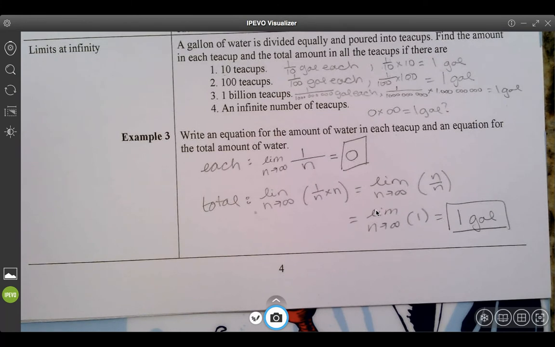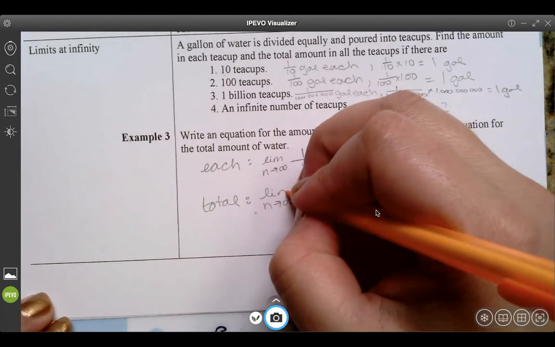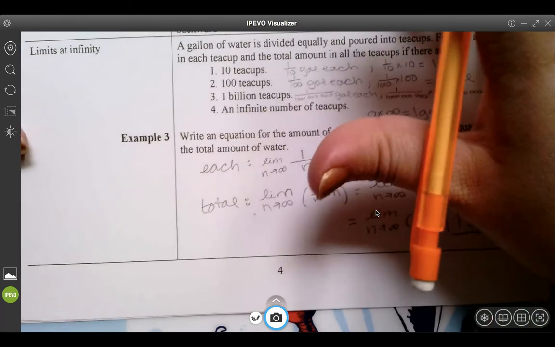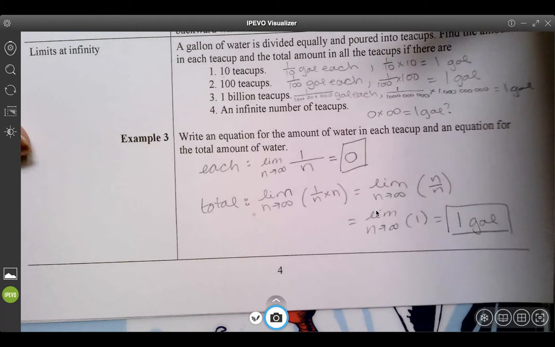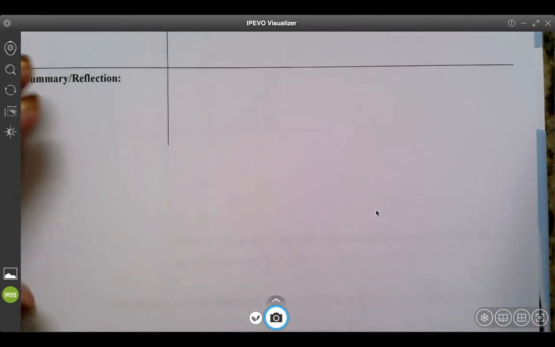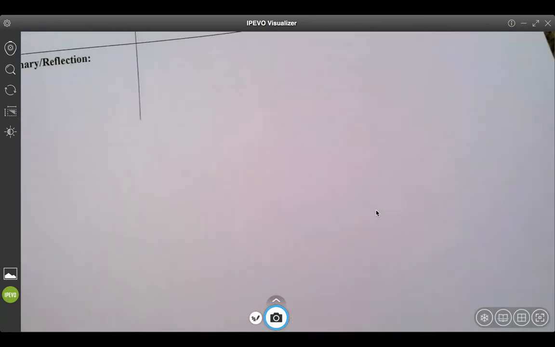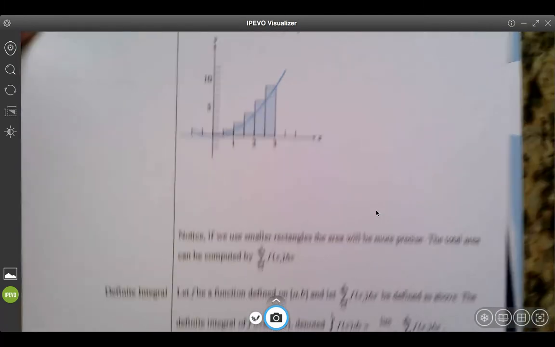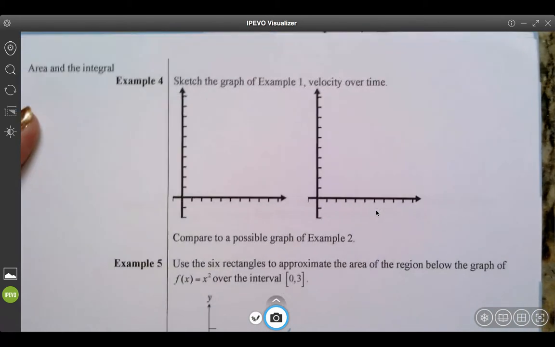Okay, so this is how we can use limits in order to find these values having to do with infinity. So let's look back, and you're going to want to keep access to example 1 and 2, because now we want to look at example 4, where we are graphing example 1.